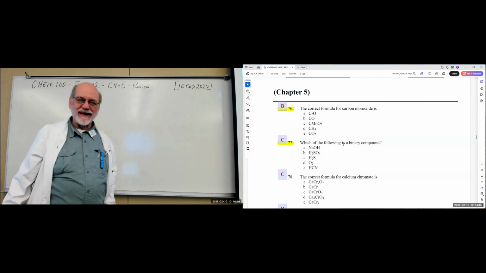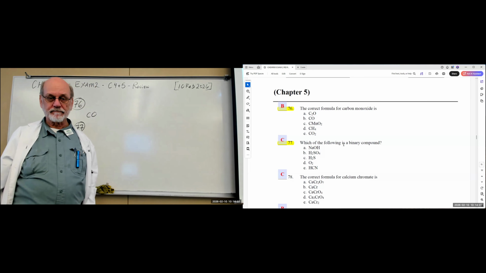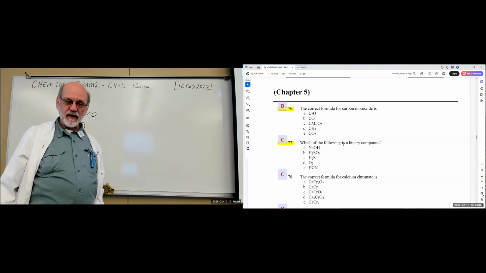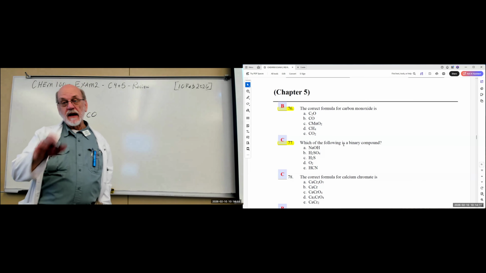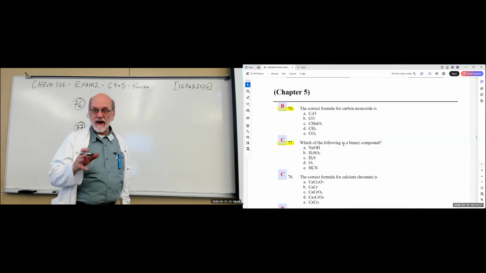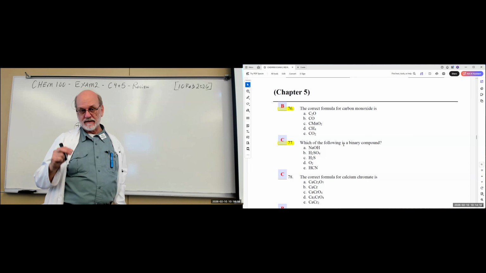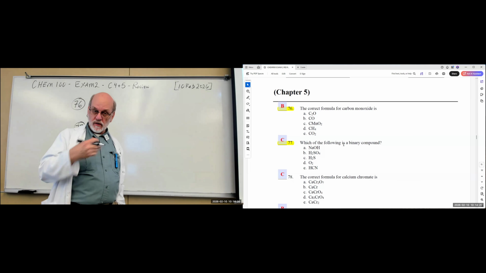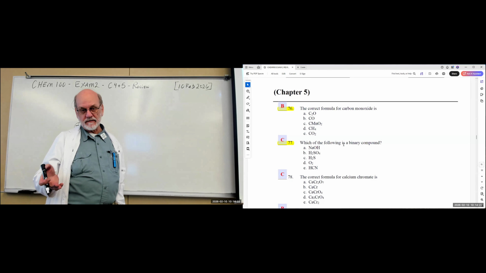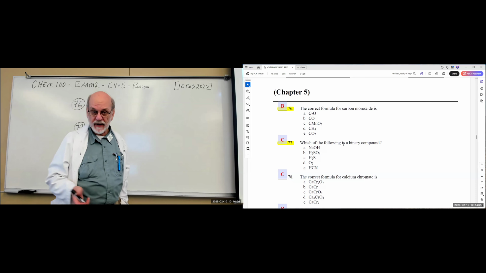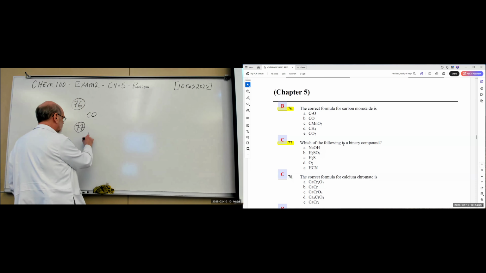Which of the following is a binary compound? The author's definition of a binary compound is only 2 elements in the formula, right? So E is not considered a binary. D is not a compound. C is a compound. It has hydrogen and sulfur.